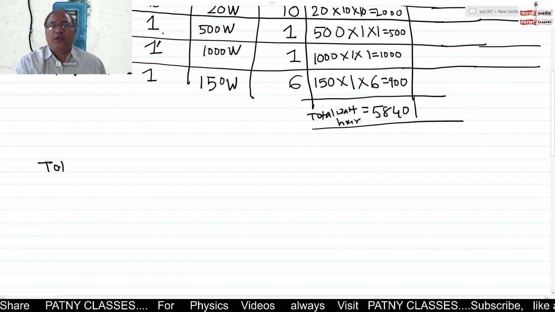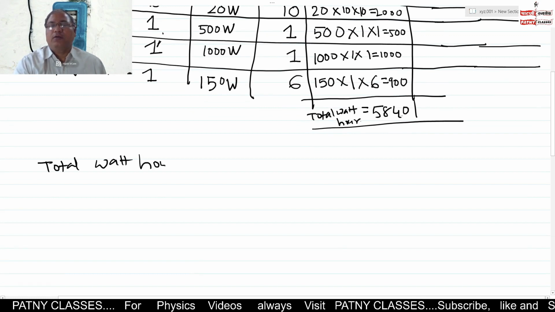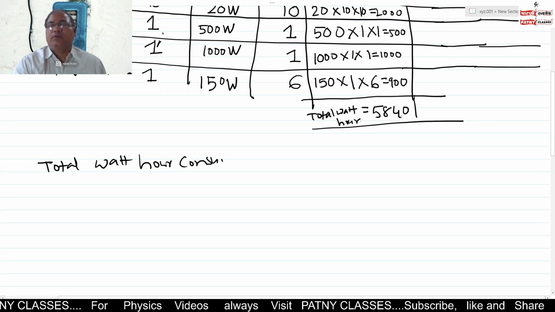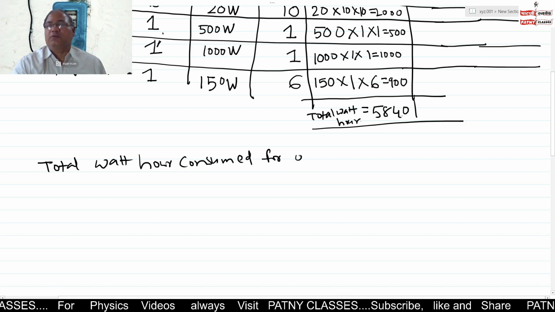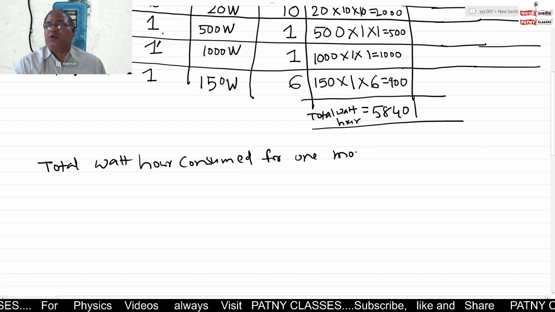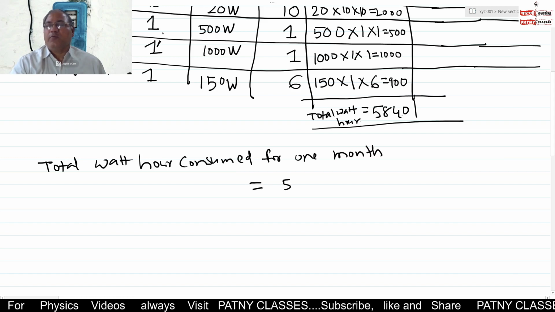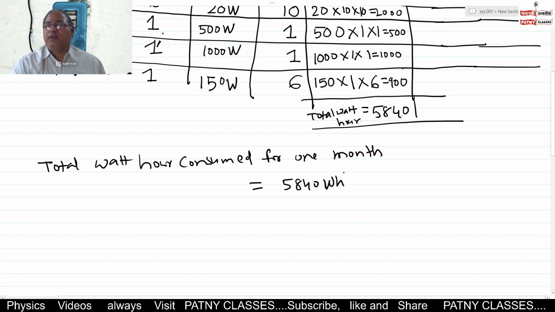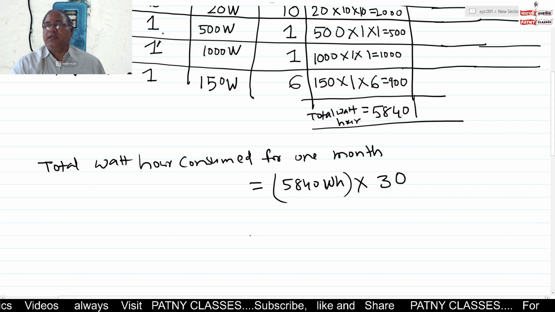Therefore, the total watt hour consumed for 1 month, where 1 month equals 30 days. So 1 day is how much? 5840 watt hour multiplied by 1 month, that is 30.